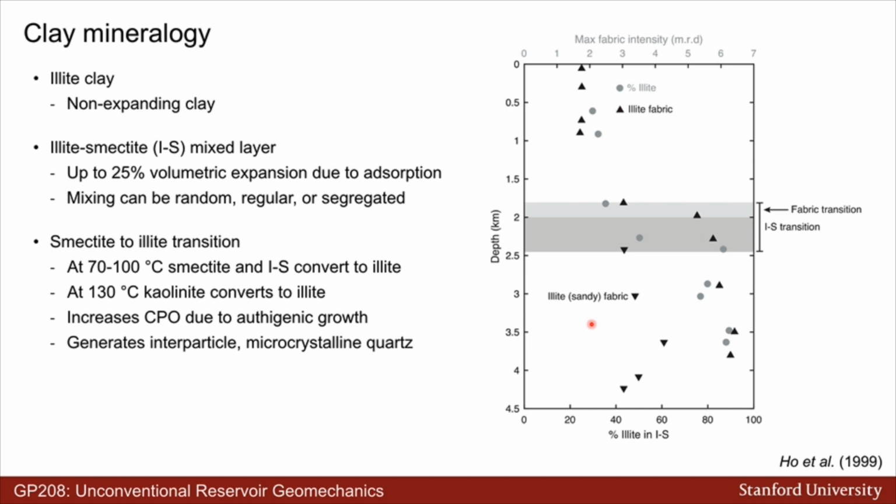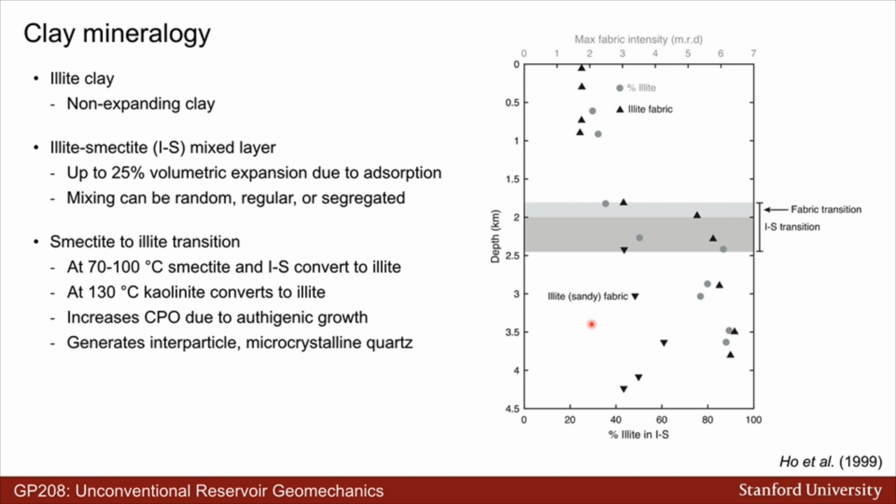Now, the smectite to illite transition can be seen on the plot to the right. This is some data from Gulf of Mexico shales from Ho et al. What they're basically showing here is a depth section in which the gray points represent the percentage of illite in the rock. And you can see that in the shallow part of the crust, about 0 to 2 kilometers, there's not really a huge change in the percentage of illite in the rock.